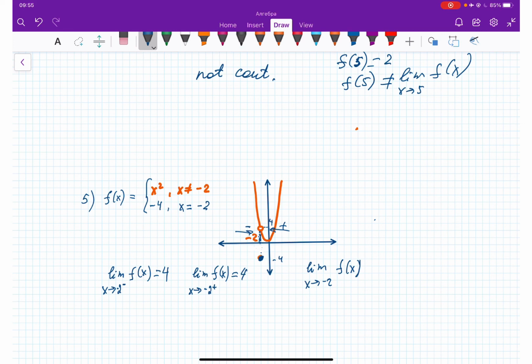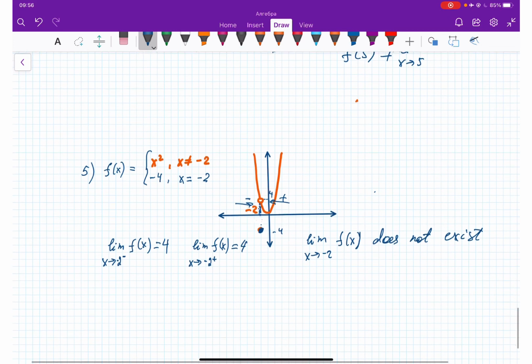So the limit of f of x as x approaches negative 2 does not exist because there is a hole. We can't step in, right? And this hole is not removable, because I don't have anything to simplify. The domain is from negative infinity to positive infinity for x squared. Because it's not removable, the limit does not exist.